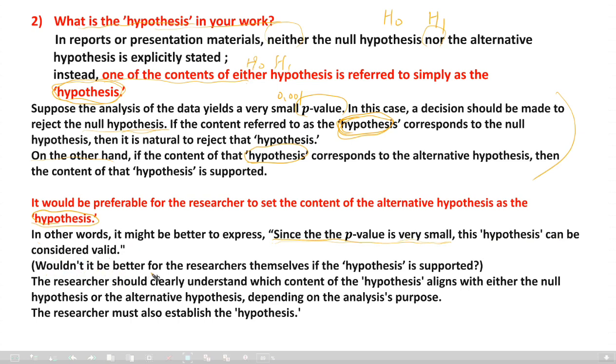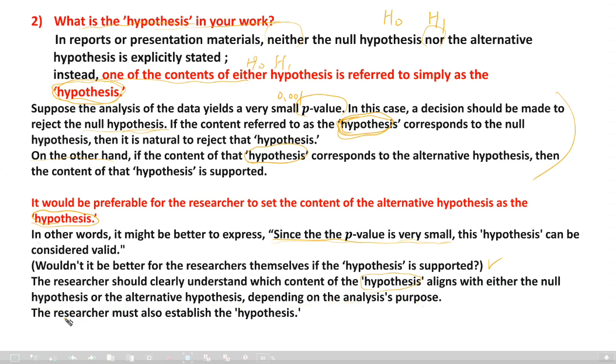Wouldn't it be better for researchers themselves if the hypothesis is supported? It's my thinking. The researcher should clearly understand which contents of hypothesis, your hypothesis, aligns with either the null hypothesis or the alternative hypothesis, depending upon the analysis proposed.